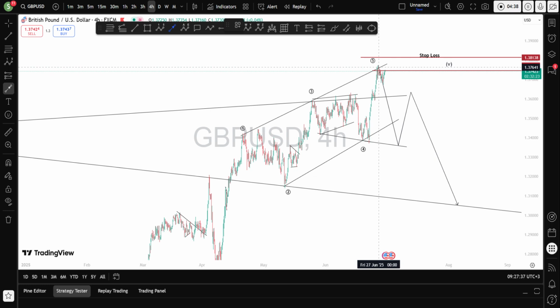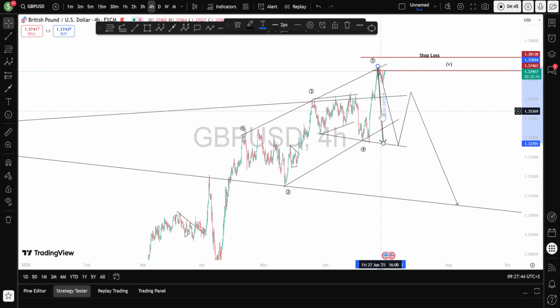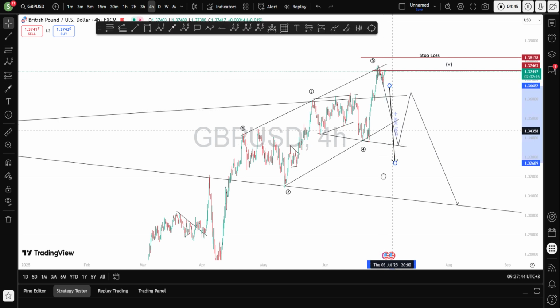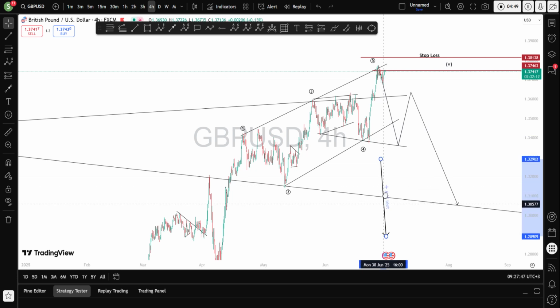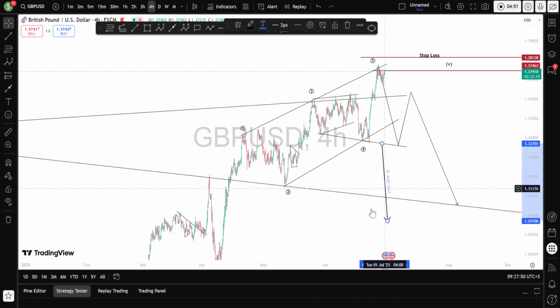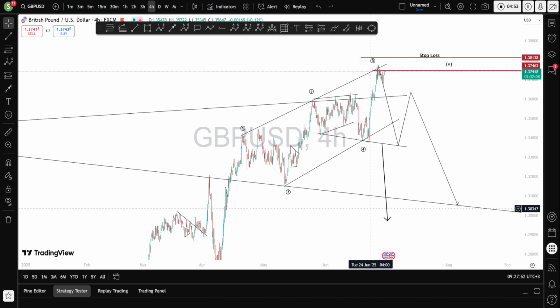Measure the distance from the head to the neckline, then drag it from the neckline. That will be our first TP.